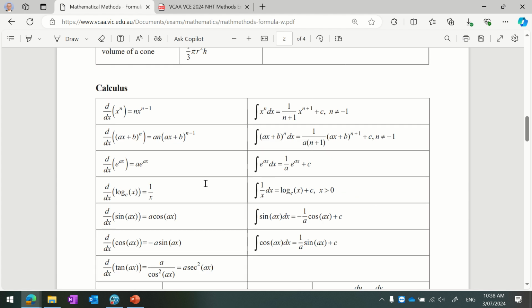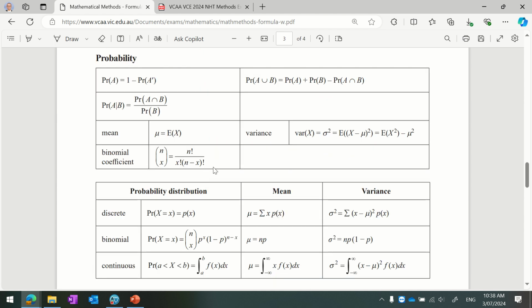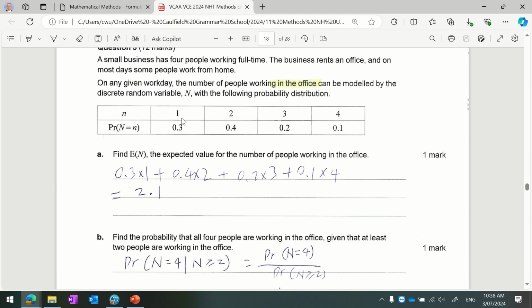Hopefully, I think this is also in the formula sheet. It's right here. Yeah. So it's the sum of the outcome times the probability of the outcome. So we just take 1 times 0.3 plus 2 times 0.4 plus 3 times 0.2 plus 4 times 0.1. Use your calculator. It should be 2.1.